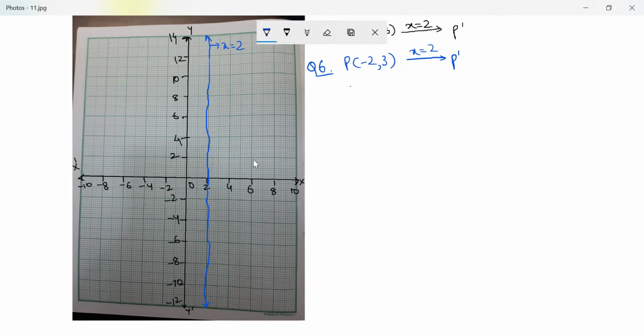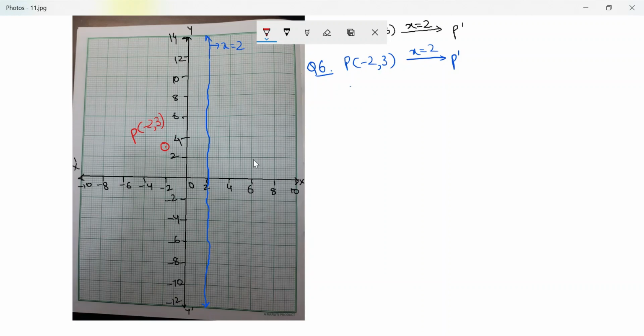So let's look at what my point is. My point is negative 2, 3. So this is my point P, which is negative 2, 3. Now let's look at reflecting it on this line. Now again, it will be found along the same plane, on the same line, but behind the mirror. So what's the distance here?